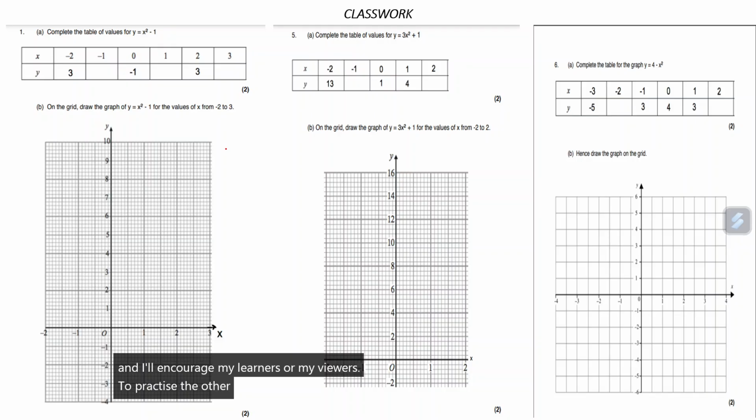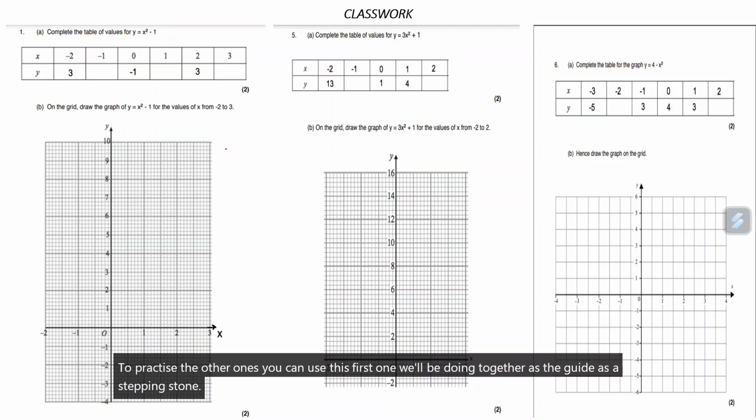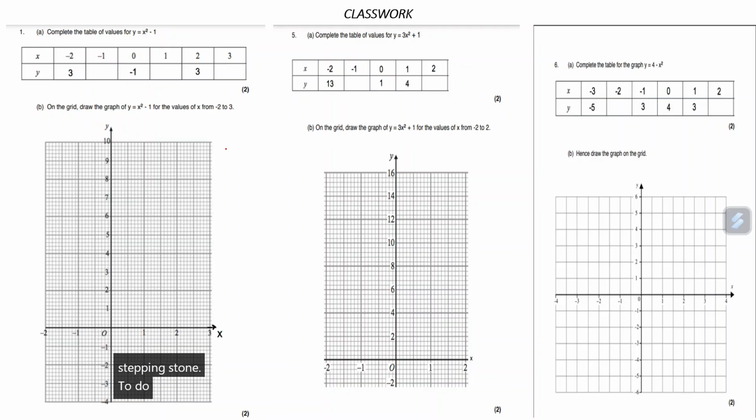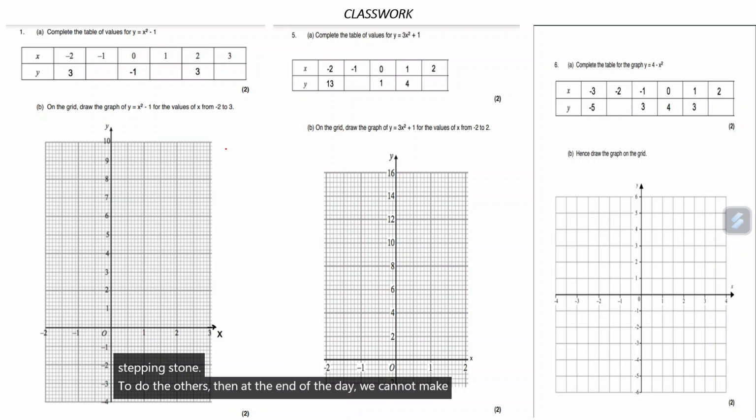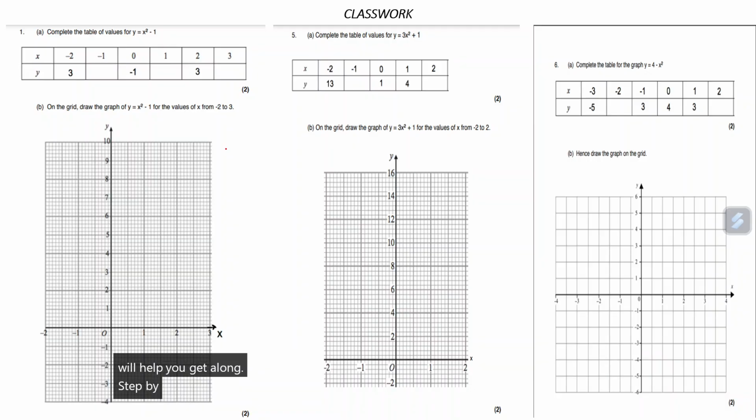You can use this first one we'll be doing together as a guide, as a stepping stone to do the others. Then at the end of the day, you can make reference to the answer page. That will help you get along step by step, or easily.